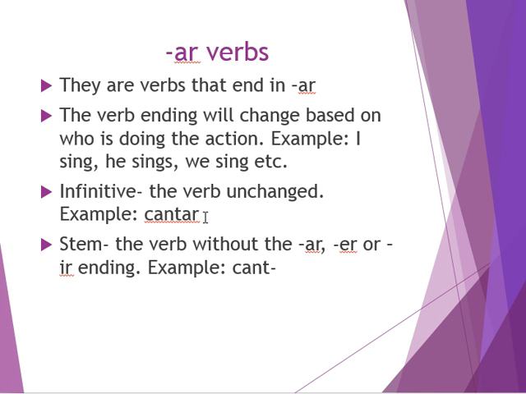Notice that I did not change the ending of the verb, and you continue to see that it ends in AR. The stem of the verb would be the verb without the AR, ER, or IR ending. Example, if I took that same verb cantar and removed the AR, I would be left with cant, and cant would therefore be my stem.